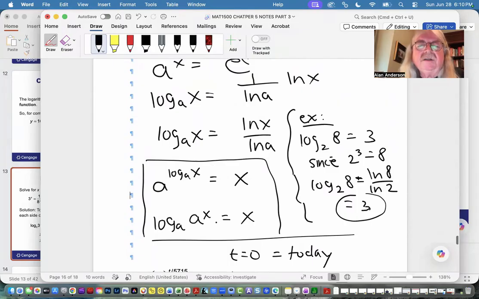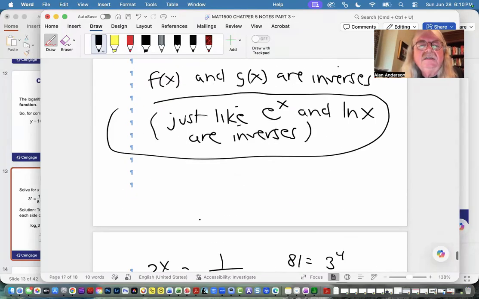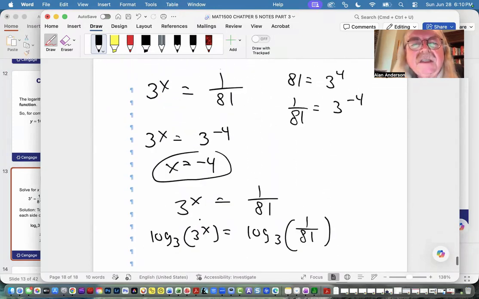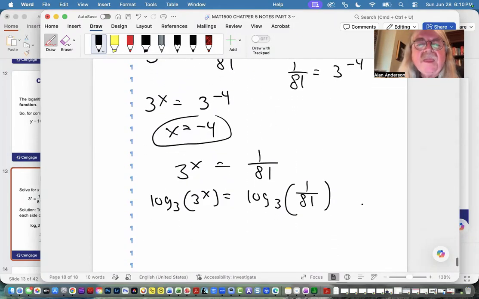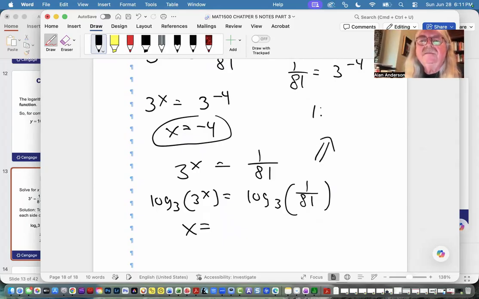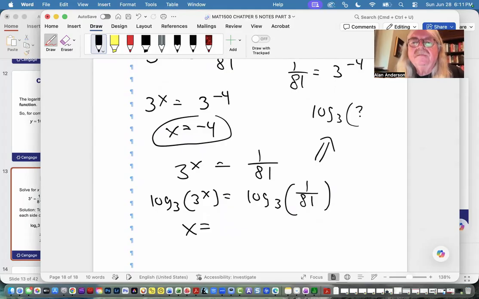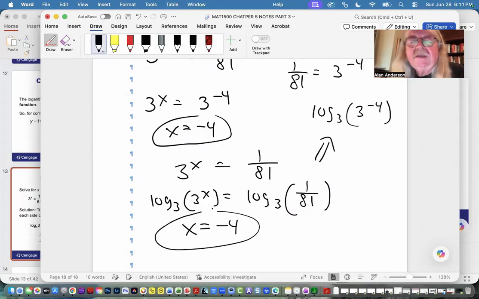There it is. This last one, log base a of a to the x is just x. So in other words, you can see how that can be useful. I can solve a very scary looking problem by taking the log base 3. This reduces to x. Now, I know this is negative 4 because this is equivalent to saying 3 to the minus fourth, and that means I have negative 4.